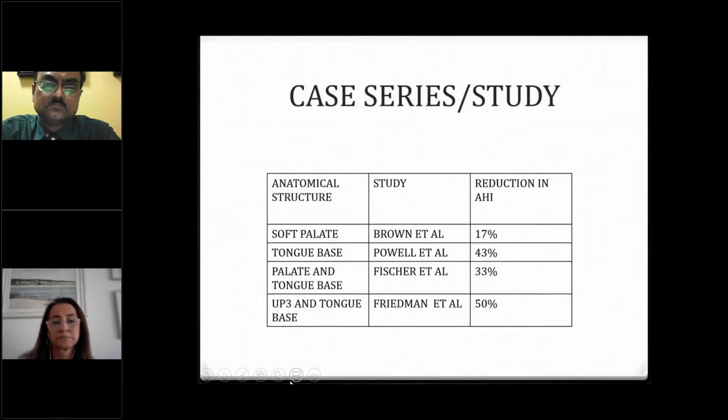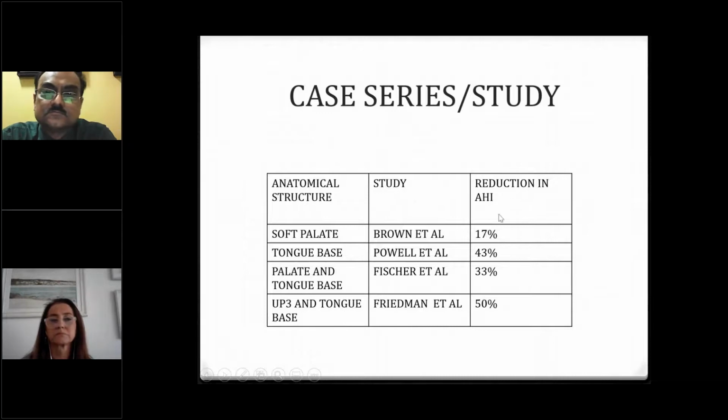But in short, I'll just put across some case series or studies showing reduction in the AHI. AHI is the apnea-hypopnea index. If reduced, it shows improvement in obstructive sleep apnea. This is deduced from a sleep study which is done prior to any such procedures in a patient of likely obstructive sleep apnea.